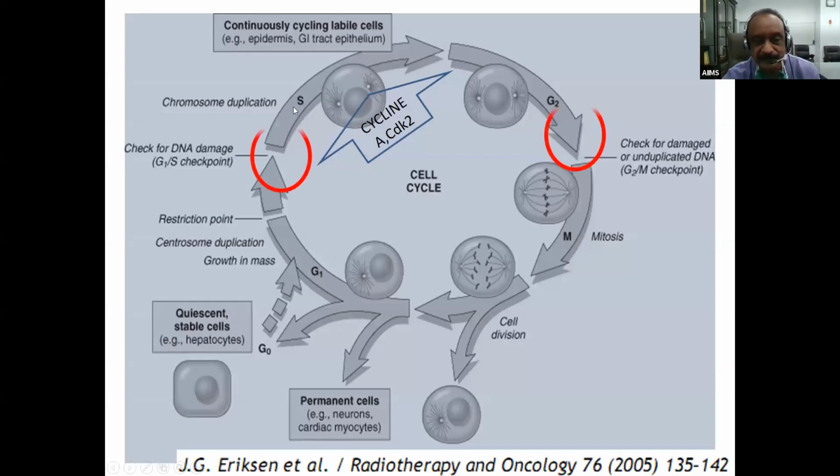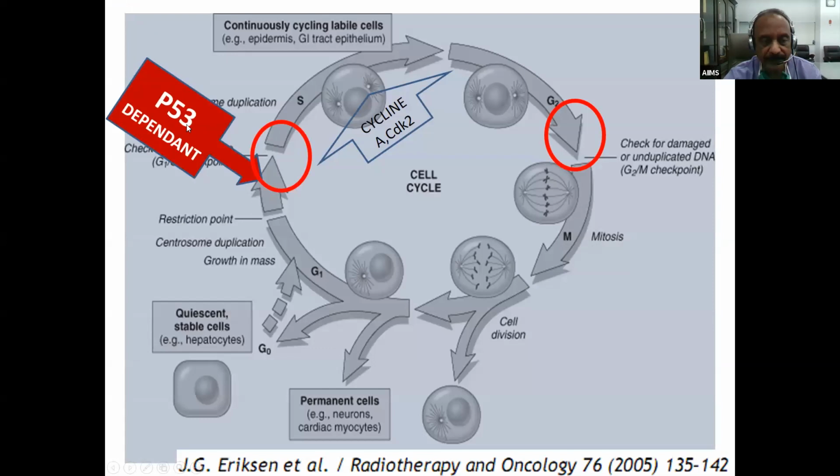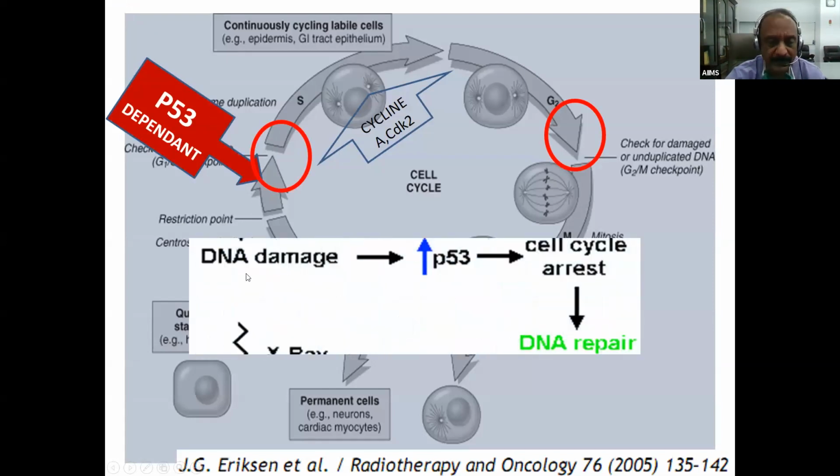Now we know that there are checkpoints in the cell cycle. This checkpoint, which is at the end of G1, is governed by the P53 gene. So what happens when there is radiation damage? This gene gets activated and it increases the production of P53 protein. And because of the activation of this gene, there is cell cycle arrest here.